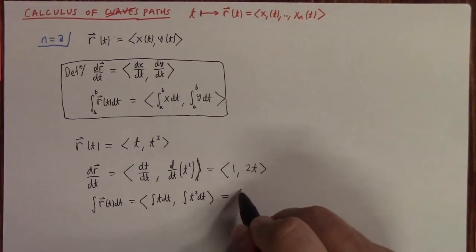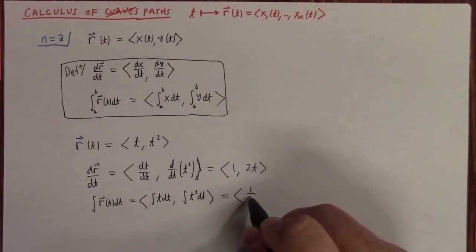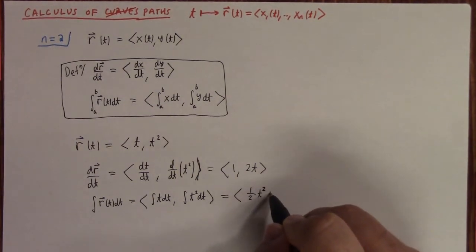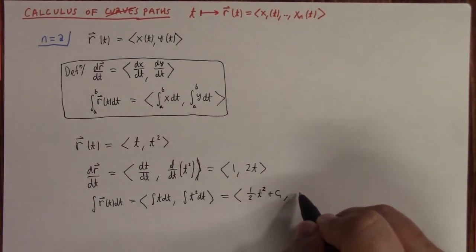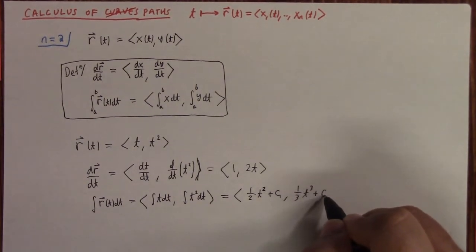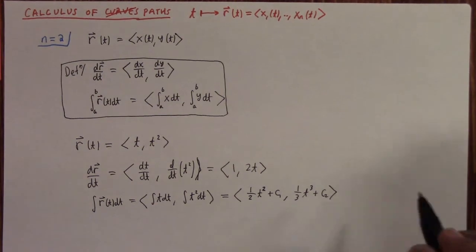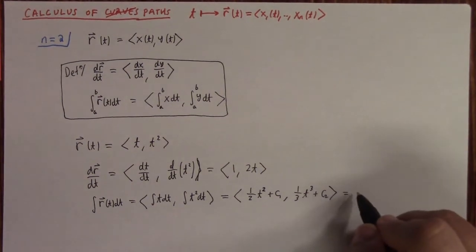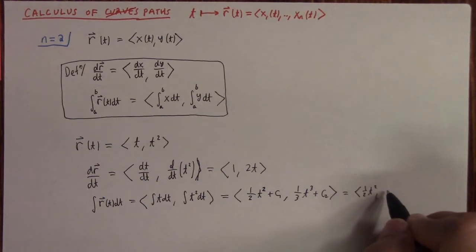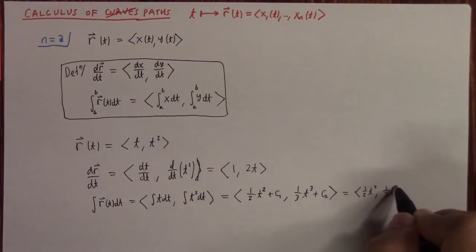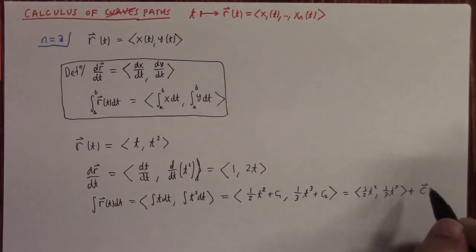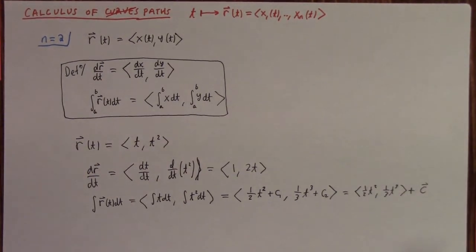And one thing I should mention here is we do need to have different constants for each one. So like I have 1/2 t squared plus, let's say, c1, and 1/3 t cubed plus c2, right? So in other words, you could write it as 1/2 t squared, 1/3 t cubed, plus some constant vector for this indefinite integral.